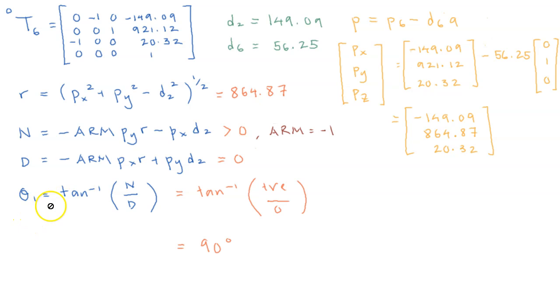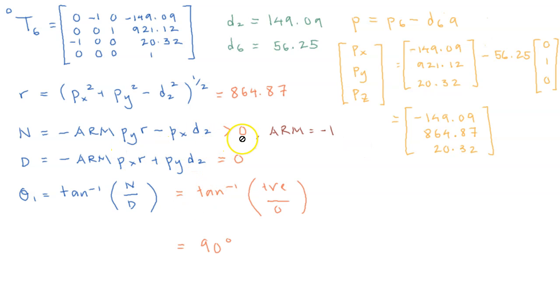Theta 1 is the arctangent of a numerator term and a denominator term, which are given by this. In these equations, we have the arm indicator, and I've used arm to be minus 1. Find out why I used arm to be minus 1. That is your task to find out. So we substitute Py from here to here, R from here to here, and Px as given by this.